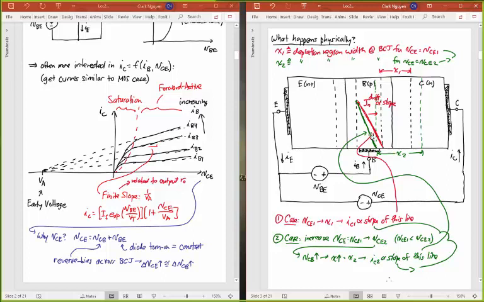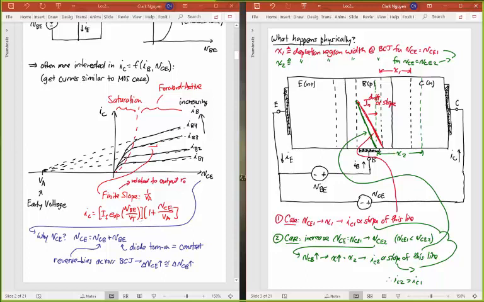Okay, therefore, I can say that IC2 is greater than IC1. And that then is the reason why on the left side, as I increase VCE for any of these curves, the current does indeed increase with every slight increase in VCE. That's what causes this slope. That's what determines this Early voltage, and that's what determines this equation here.